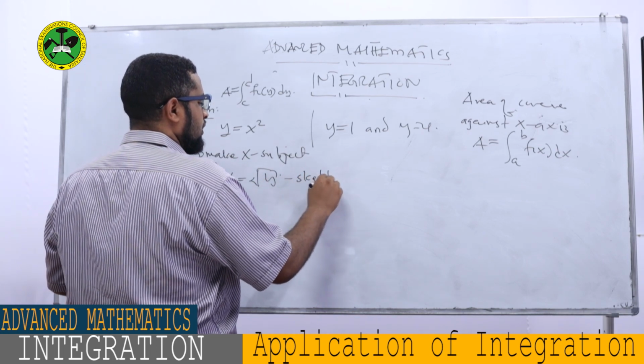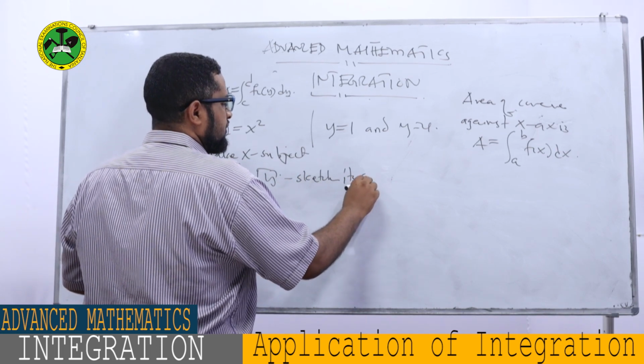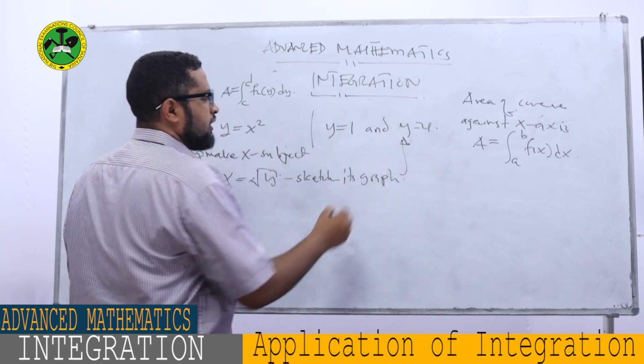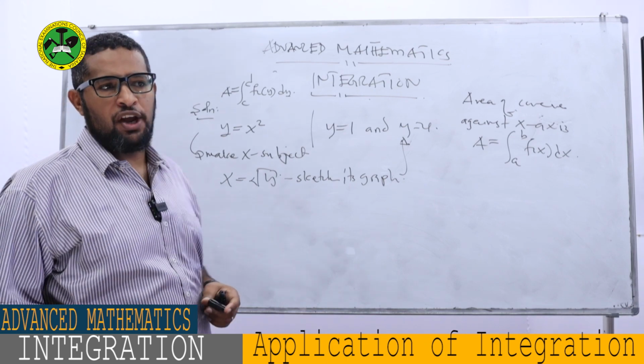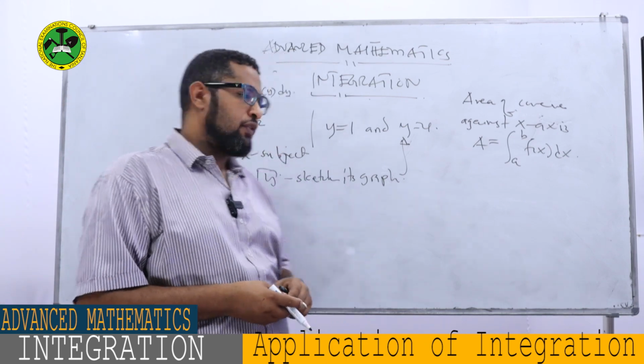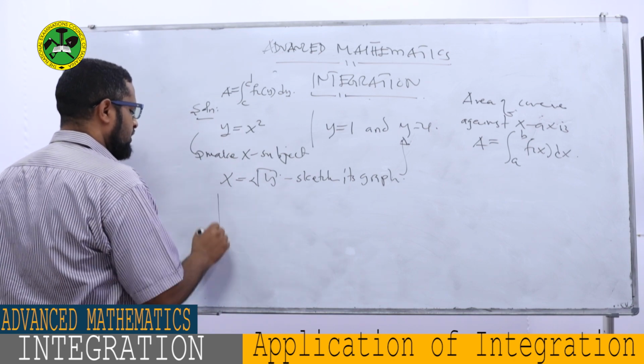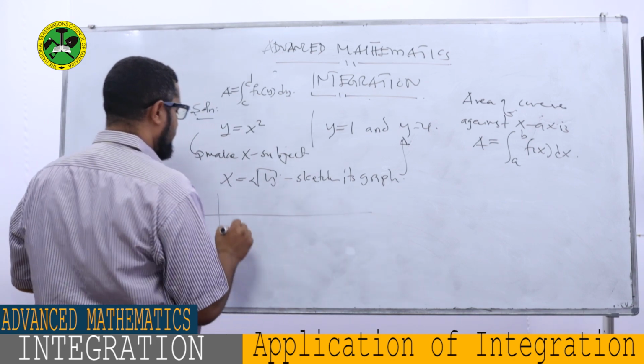We sketch the graph with the help of the given limit, or the given values of y, which are 1 and 4. Now remember, to sketch the graph, you can simply use tabular form.